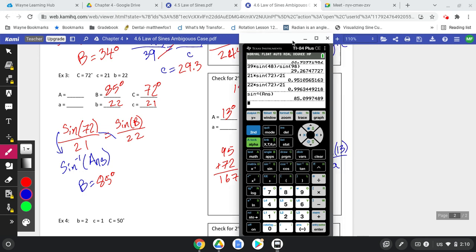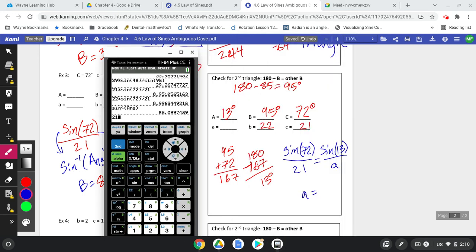So we will take 21 times the sine of 13 divided by the sine of 72. Close it, hit enter. And if we round, we'll get 4.96, so that becomes 5.0.